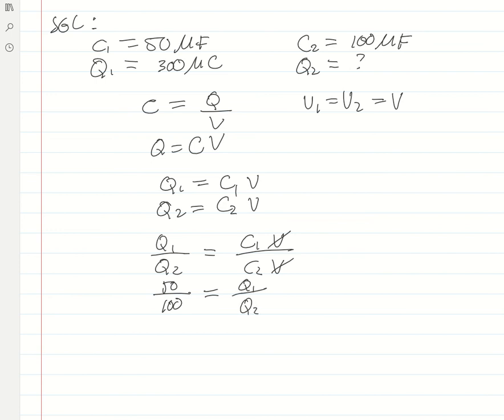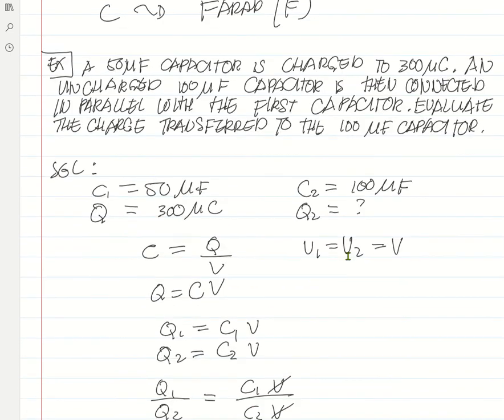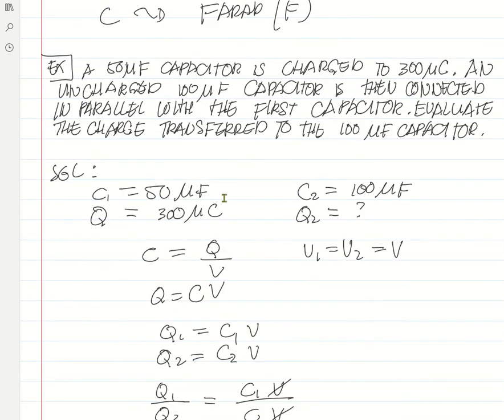And Q1 here is not actually the charge in the first capacitor, but the initial charge. This means it is the total overall charge inside the two capacitors, because the charge from the 300 microcoulomb will go to the other capacitor, the 100 microfarad capacitor.